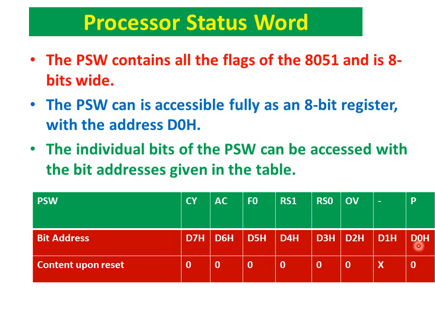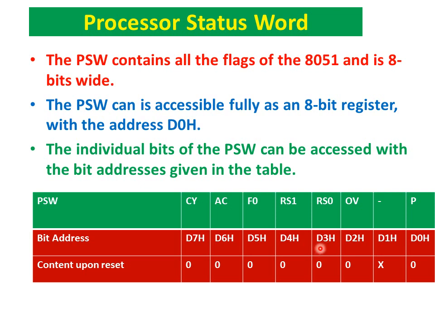Now see, D0 bit decides the parity bit. Parity indicates even parity or odd parity. If D0 is set to 1, it has odd parity, and D1 is don't care, and D2 is the overflow bit. If it is set to 1, it indicates that after performing arithmetic operations an overflow occurred.